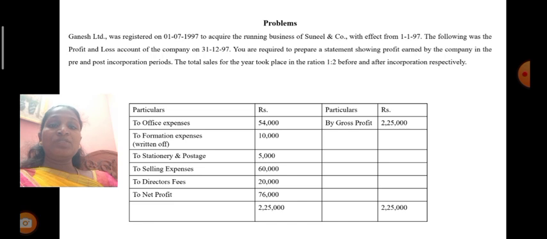So January, February, March, April, May, June: up to 6 months is taken as the pre-incorporation period. After that, July, August, September, October, November, December. The year ending month is December. So those 6 months are referred to as the post-incorporation period.